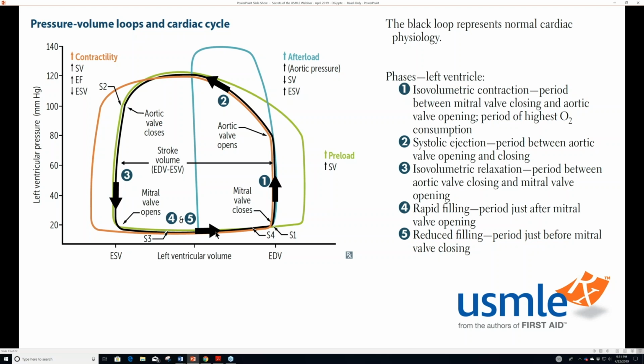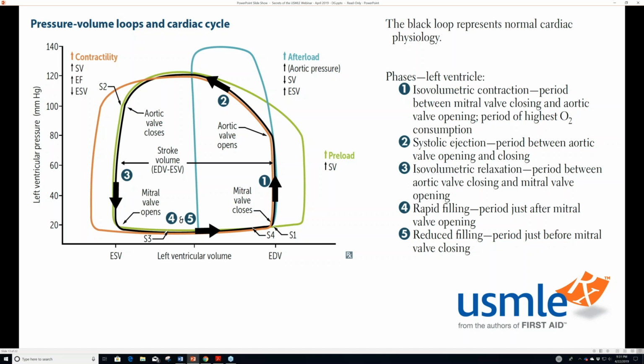Once it gets pretty much full, you're going to see your mitral valve close, which will lead to your S1, and this will start the whole process over again as we enter isovolumic contraction.